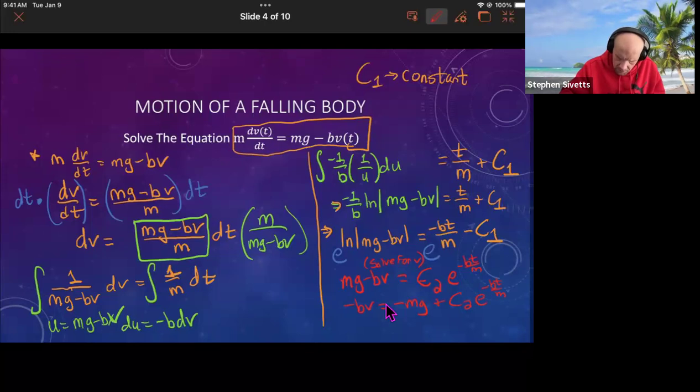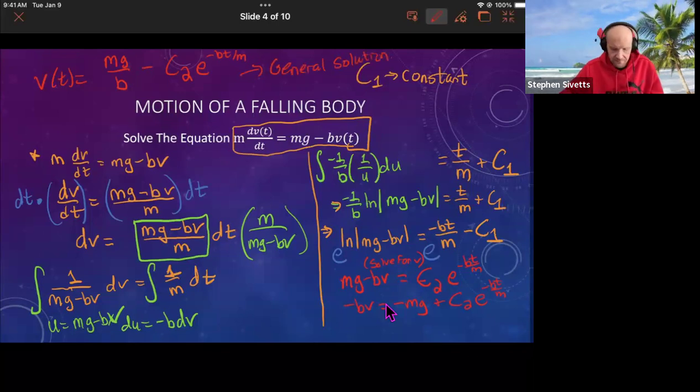And so if I solve for v, this is a function of t, so this would equal mg over b minus c2 e to the minus bt over m. Okay, so this is the general solution.